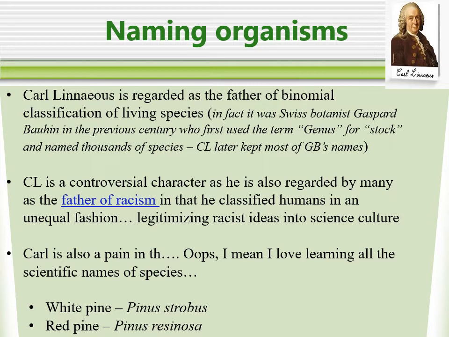In Carl's time, wealthy people got on boats and traveled around the world, sampled species and brought them home, and had fun collecting and naming them. At the same time, we started slave trading, and by classifying humans into different orders, they would legitimize their treatment of people, which is horrendous and really not acceptable by modern standards.